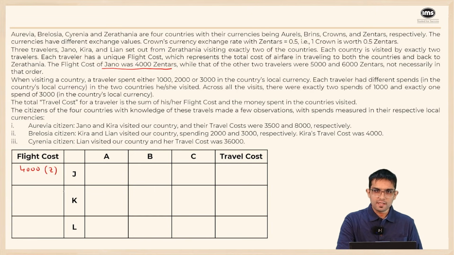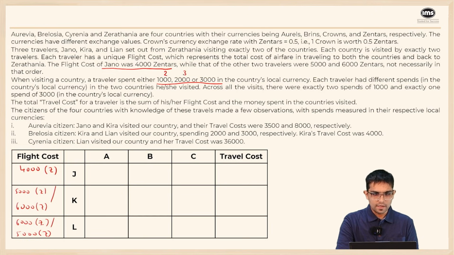I don't know exactly, but I know that it will be either 5,000 or 6,000, and similarly here it will be 6,000 or 5,000. Right. Now we know that 1,000, 2,000, 3,000 will be used twice, thrice and once because a total of 6 visits will be there.